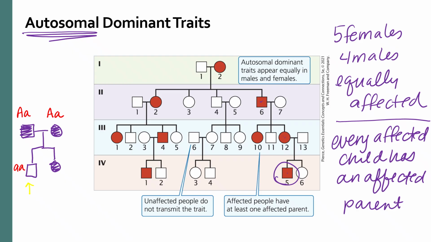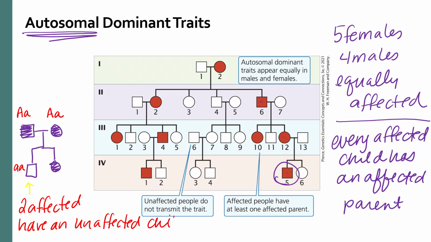So it's essentially the opposite of the autosomal recessive. Two affected parents have an unaffected child. And you can use either one to justify your assignment of autosomal dominant.